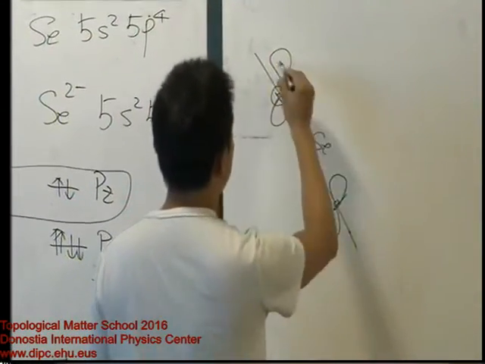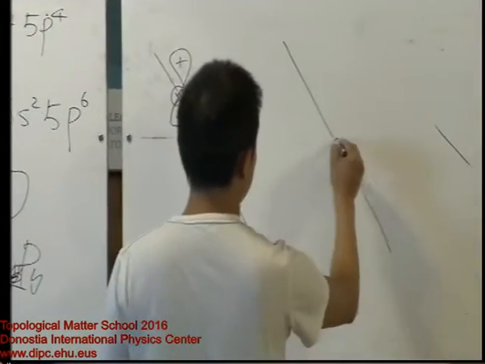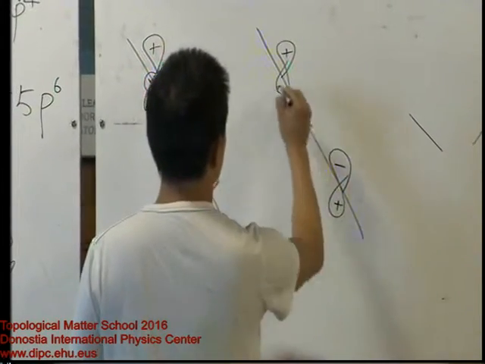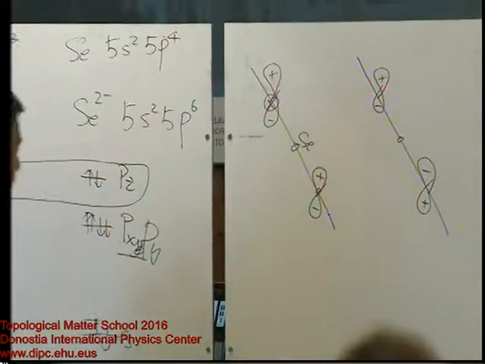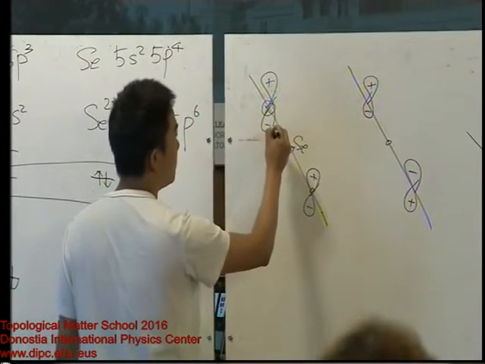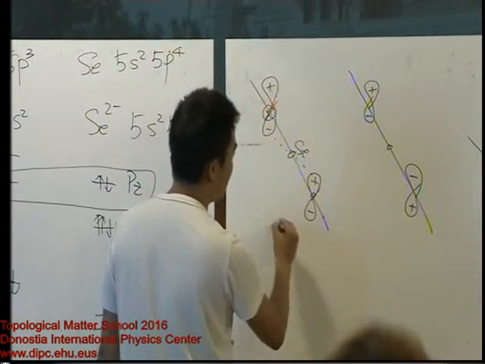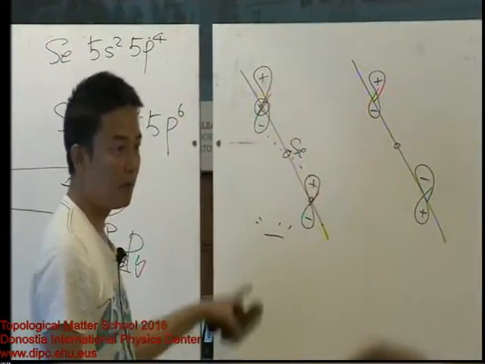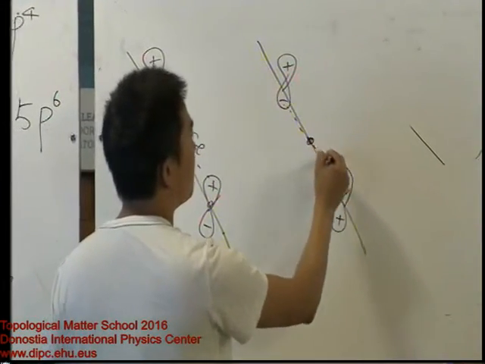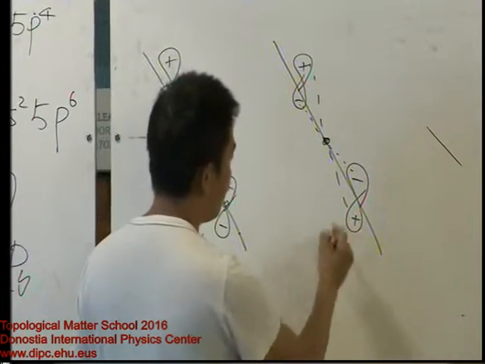What are the two possibilities? What's the parity here? This one makes an inversion from minus to positive, so this one is negative. In parity, the inversion center is here. That's important: you get inversion, minus to minus, and positive to positive, and then it's positive.